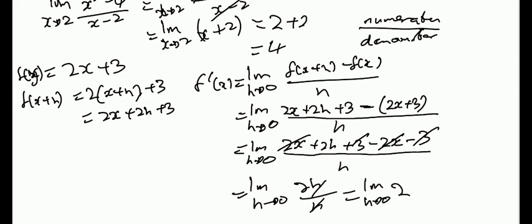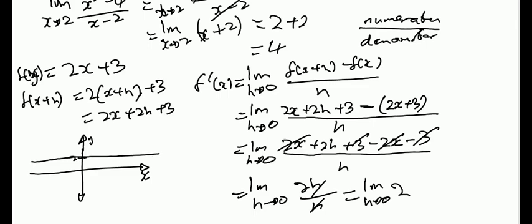Listen to me carefully. The limit as h approaches any number of a constant is that constant. What is our 2? Our 2 is a constant. Remember, if we try to plot our 2, let's say we have our y-axis and our x-axis, and here is 2. That means our graph is going to be a constant.